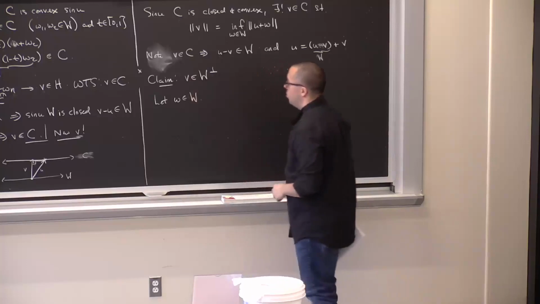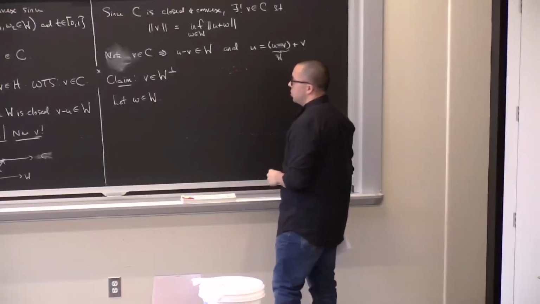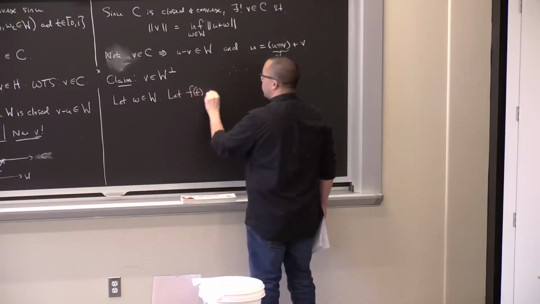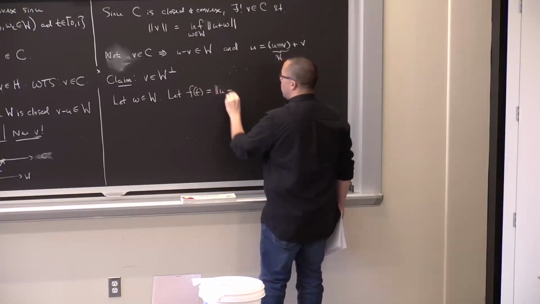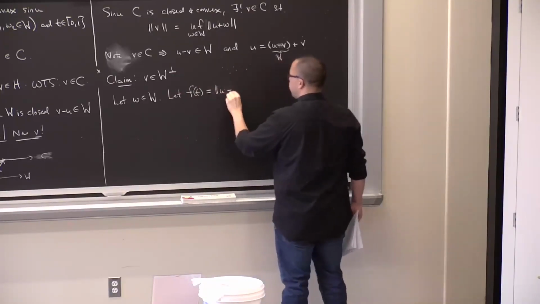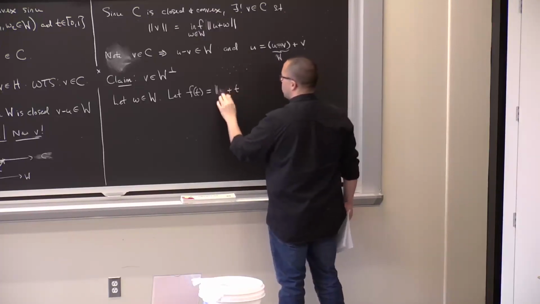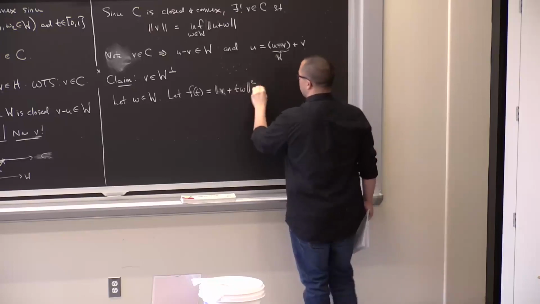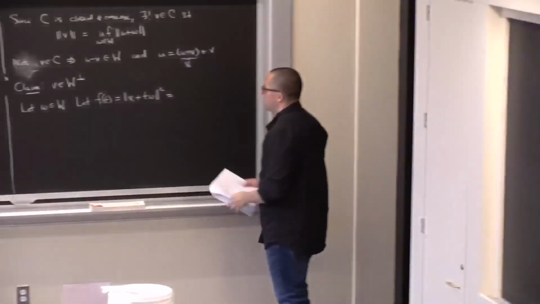So let w be in capital W. We want to show the inner product of V and w equals 0. Let f of t be the norm of U, V plus tw, squared, which is just a polynomial in t.